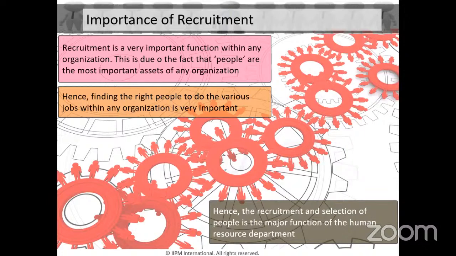This is why recruitment and selection of employees is the major function of the human resource department. So if you are a human resource professional, it is pertinent that you know that this is a key function of the human resource personnel.